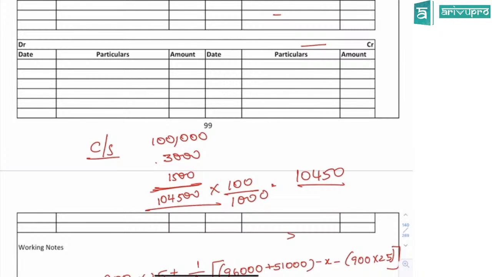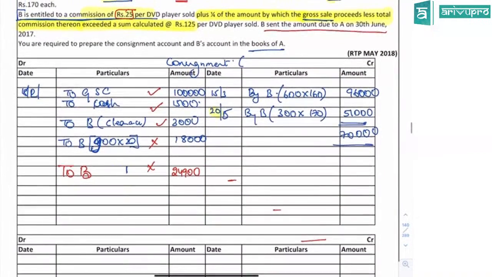Are you guys clear in this? I should be only taking these 3 because these are the only 3 expenses which are incurred before it reaches the consignor's place. And I told you selling and distribution expenses are never part of the cost of inventory.